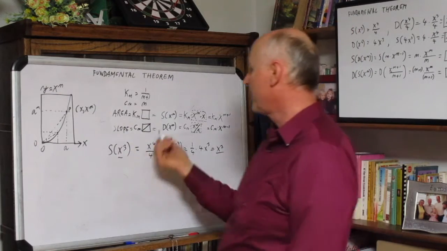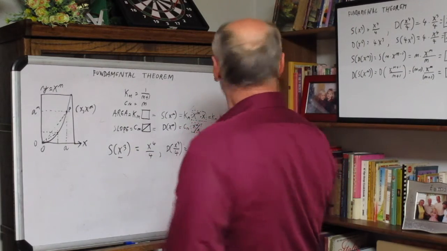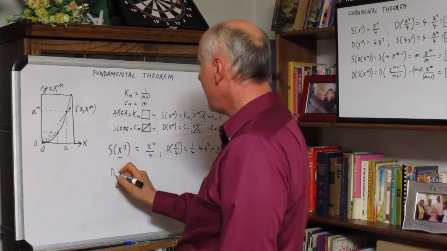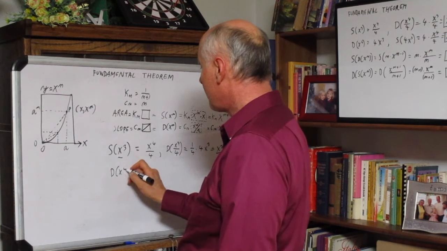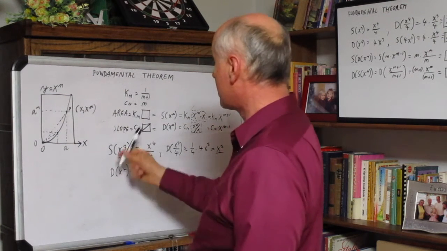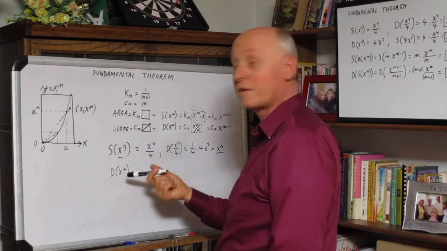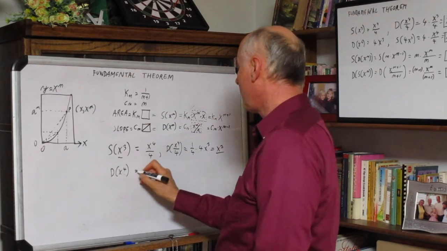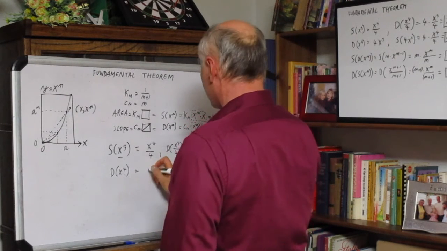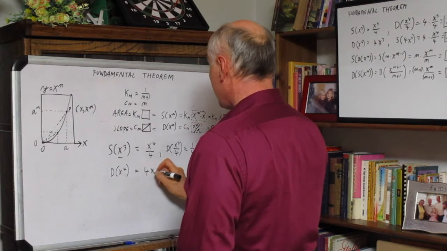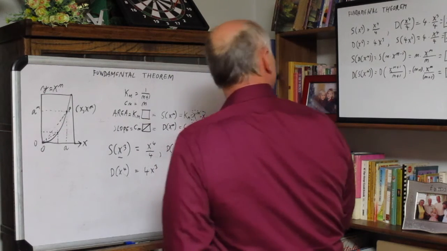Pretty nice. And suppose we did d of x to the fourth, the slope of an x to the fourth function. Well, that equals 4 times x to the third.